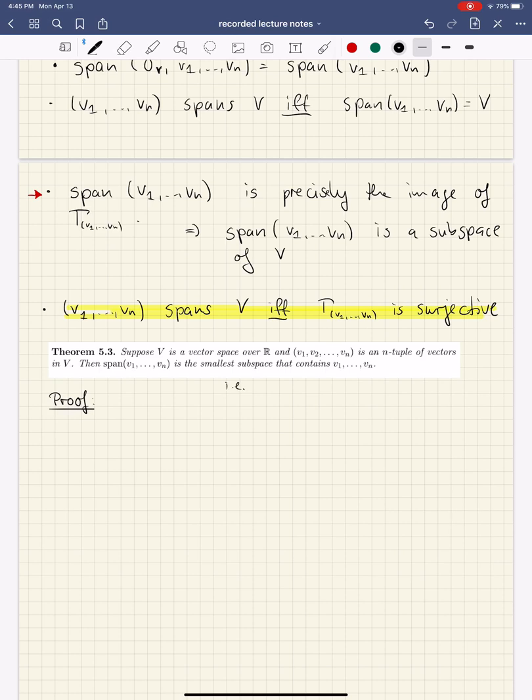That means every subspace of V that contains v1 through vn also contains the span of v1 through vn.